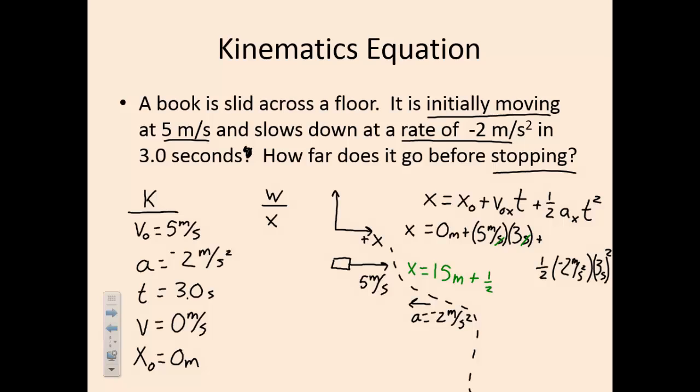So 1/2 times -2 meters per second squared, times 9, because 3 squared is 9, square the number, square the unit, seconds squared, seconds on the top cancel seconds on the bottom. So we have that x equals 15 meters, plus 1/2 times -2 is -1, -1 times 9 is -9 meters, so our final position there is 15 meters minus 9 meters, so 6 meters in the positive direction. Put a box around that because that is our answer.